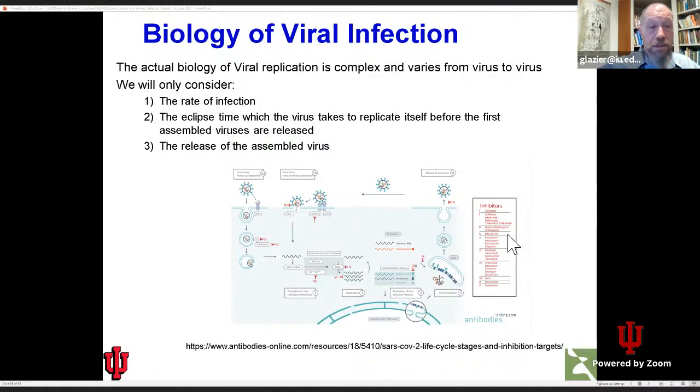And there were attempts early on in SARS-CoV-2 history to block all of these different steps. The one that wound up being approved for use was remdesivir. Remdesivir blocks this genomic replication by interfering with the RNA-dependent RNA polymerase.